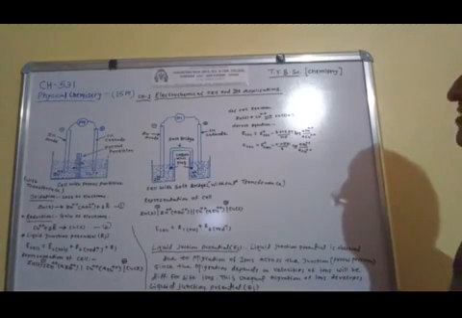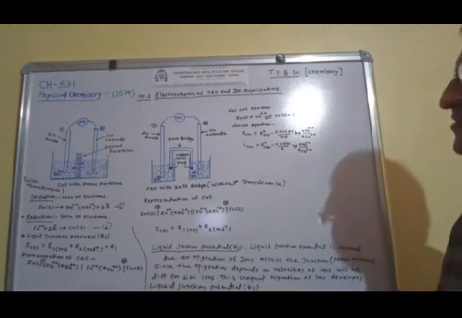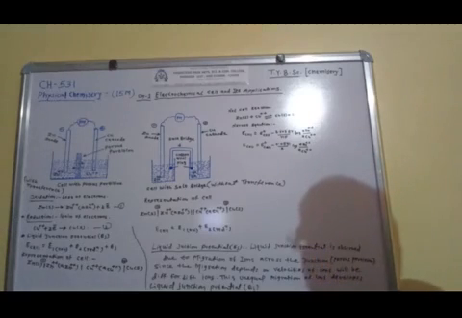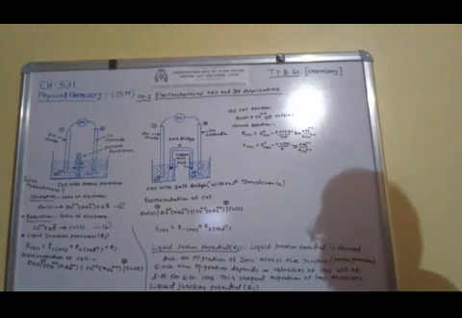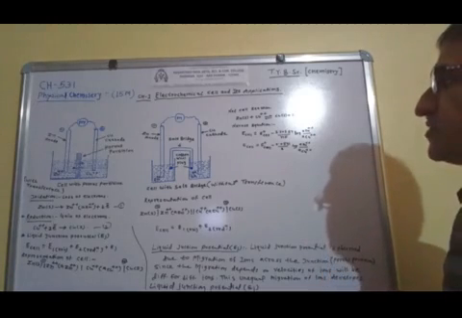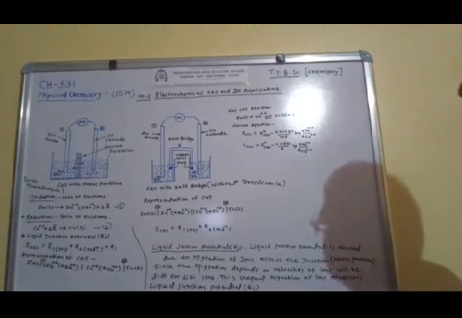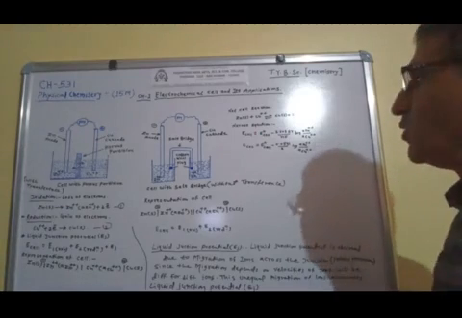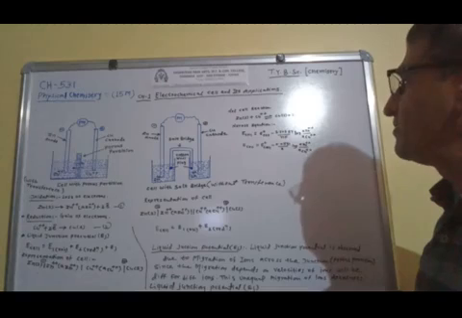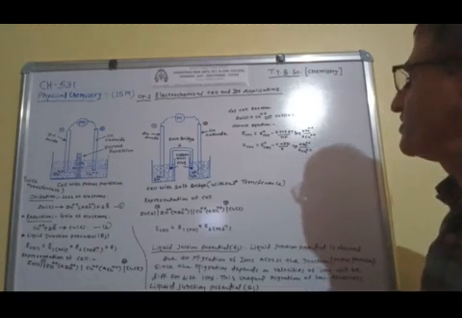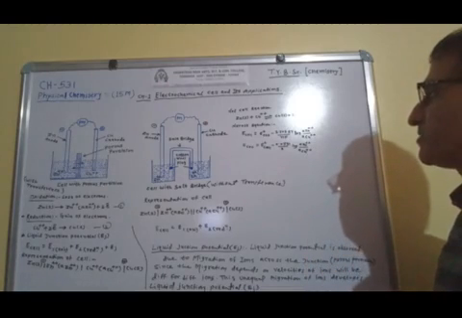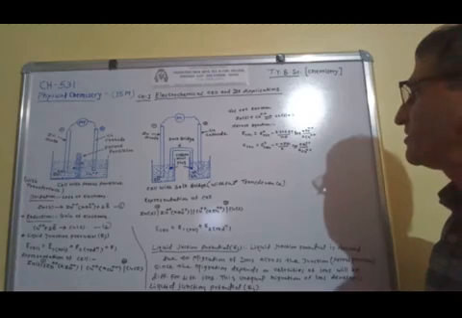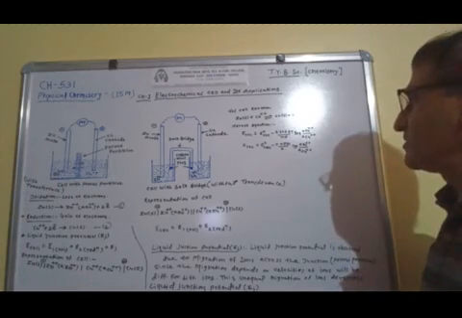Applying the Nernst equation to this net cell reaction, we can calculate the total EMF of the cell: E cell is equal to E0 cell minus 2.303 RT upon NF log of activity of Zn plus plus divided by activity of copper plus plus.